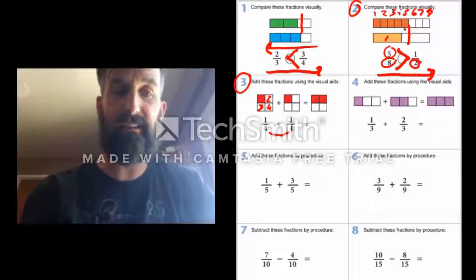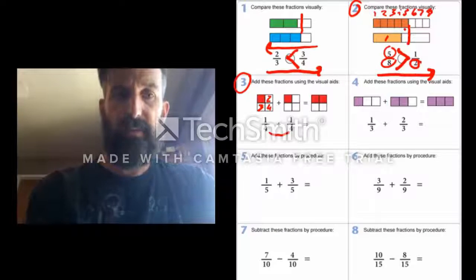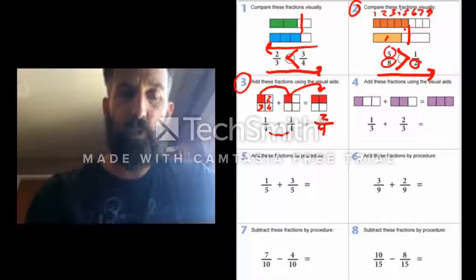That means I can add them together, or subtract them. Just like my Lego pieces, they have to match up. So because they match up, I can still write the 4 over here, because I know I'm going to have 4 still. But what I really want now is to only add the numerator. So I have 1 plus 1 gives me my 2. So that's how I get my 2/4.